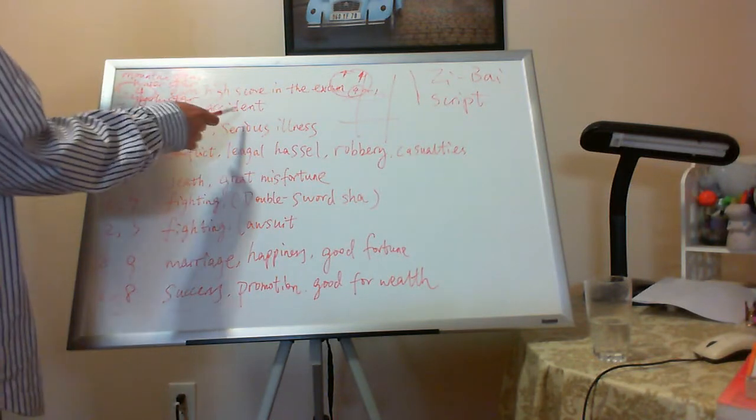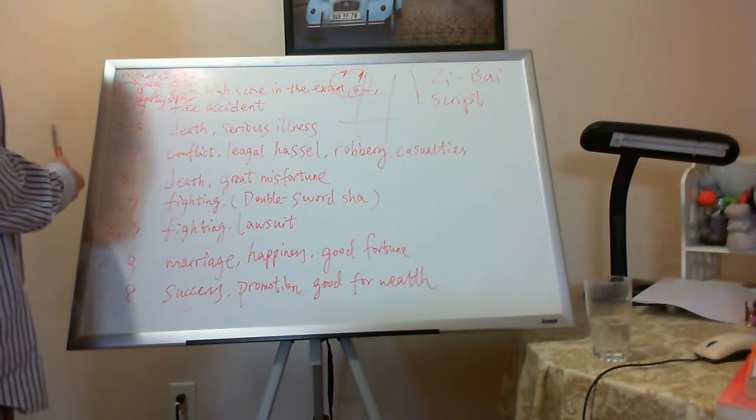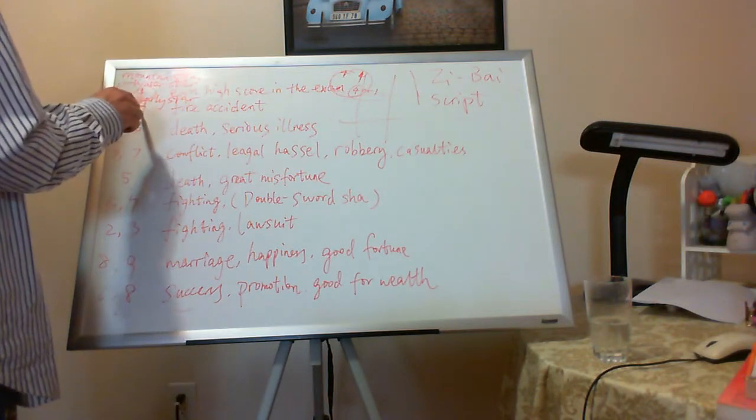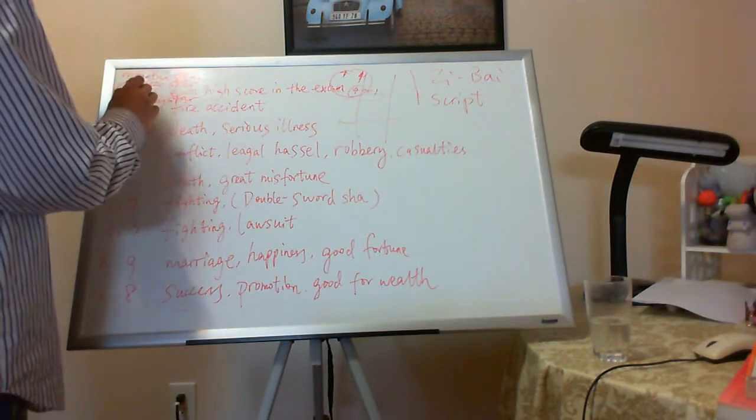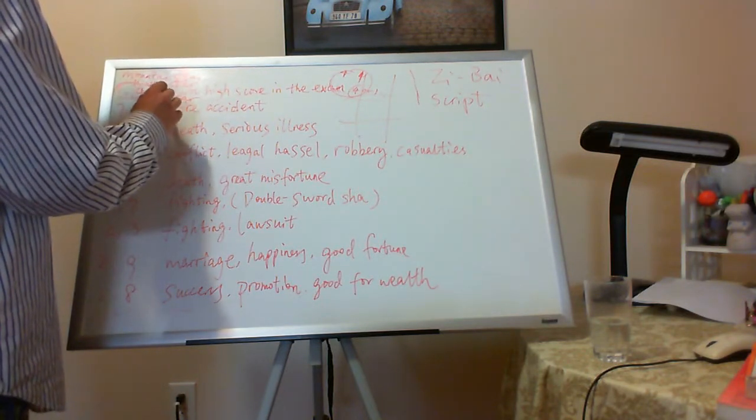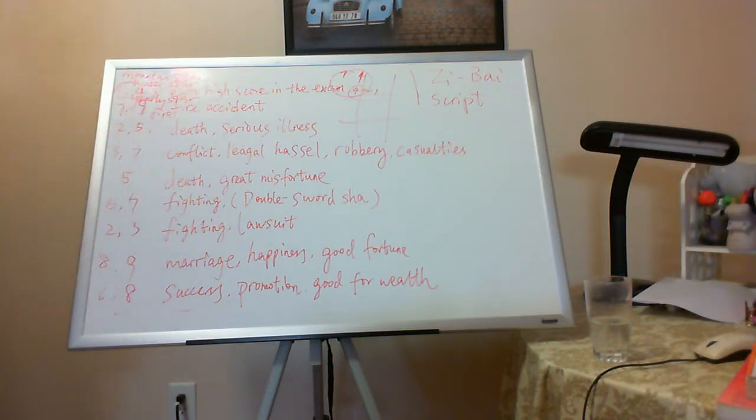But how come they have this conclusion? Because 9 is a fire element, and 7 is a metal element. Metal is usually related to money, because in ancient times money was just a coin. There was no paper money like right now.